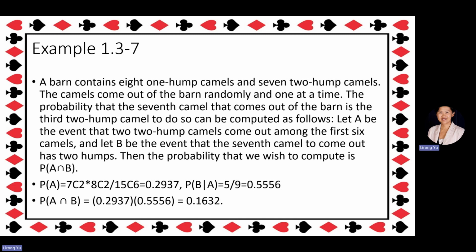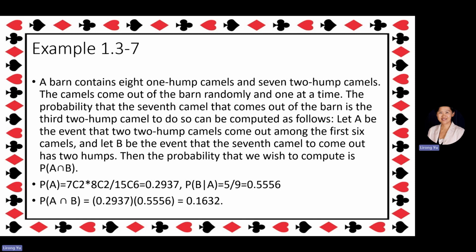And then on top of that, we want the first 6 camels to have 2 2-hump camels, right? For the 7th one to be the third 2-hump camel, you already have to have 2 2-hump camels before the 7th one, right?